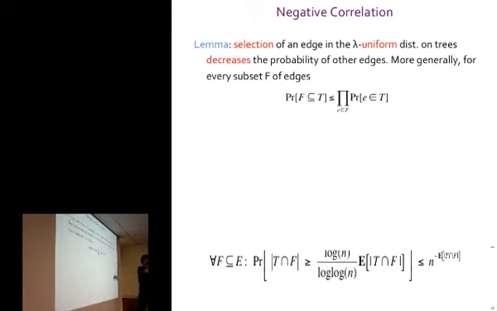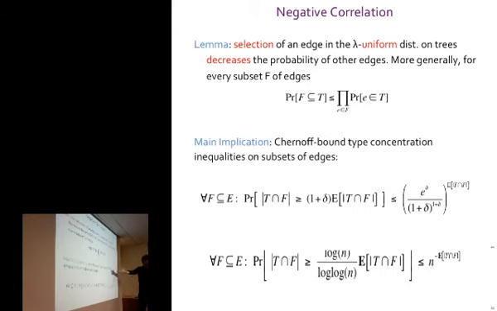If you include some edge, it would increase the probability of others. So if you don't have negative correlation, you don't have Chernoff bounds. You cannot say that in every cut I am almost equal to the LP. It could be that in some cuts you have many more edges than the LP has. And so going back to his comment, if they're epsilon multipliers, if they're not the right multipliers, if they're off.